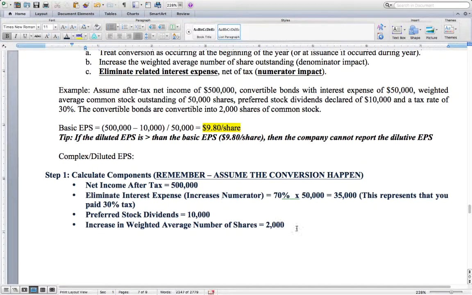This is going to increase your numerator by the net amount of the taxes. So you will take the $50,000 you paid in interest expense and multiply that by 70%, which gives you 35,000. This 70% represents the fact that you paid 30% of the tax already, so you need to get back the additional amount of tax.